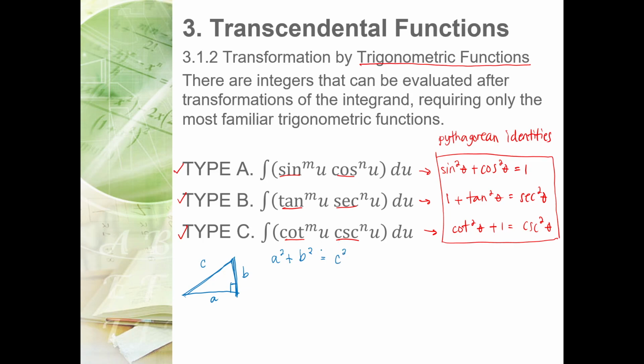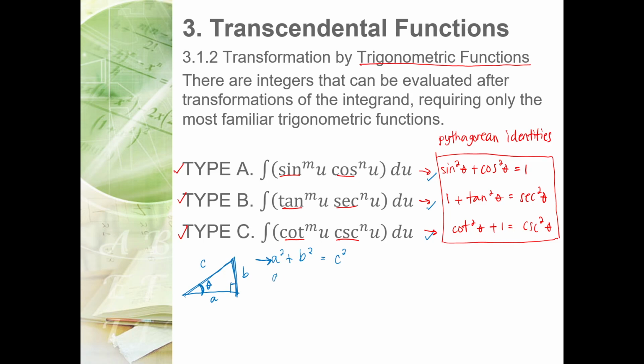That's the Pythagorean theorem. Now to get these formulas, sine squared theta, 1 plus tangent squared theta, and then cotangent squared plus 1 and so on, we let one specific angle be theta. So for example, this one is your angle theta. Next, by utilizing this Pythagorean theorem formula, we first divide everything by c squared.